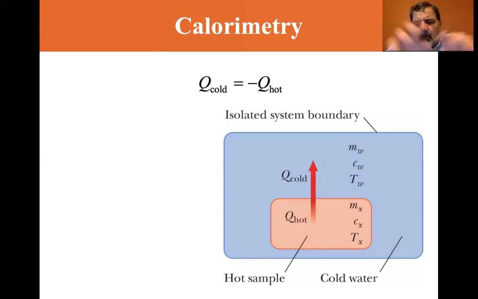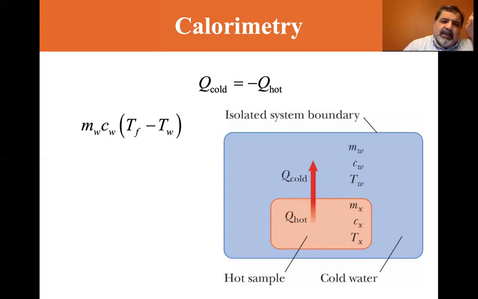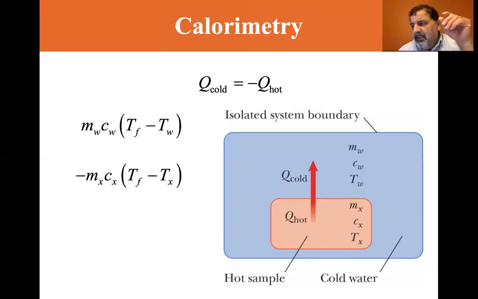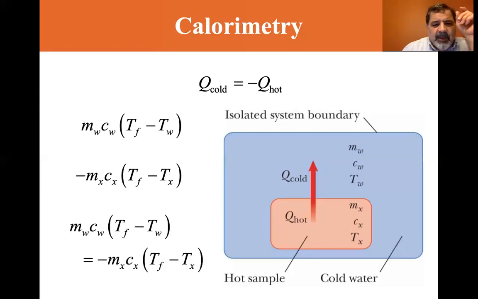So you have the mass of the water times the specific heat of water and its temperature difference, that's the Q cold, and the Q hot is the minus mass of the material, let's say copper, times the specific heat of the copper times the final temperature minus the starting temperature of the material.